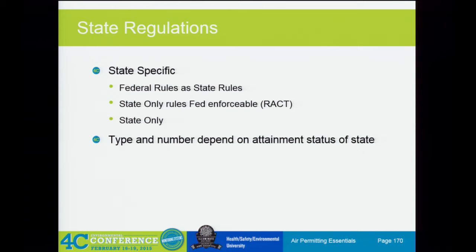States are trying to improve the air quality in those areas, so they have what they call reasonable technology requirements. And then there are state-only regulations. Sometimes the rule itself isn't federally enforceable, primarily because it doesn't deal with control technology, and so you'll have to be in compliance with those state-only rules.